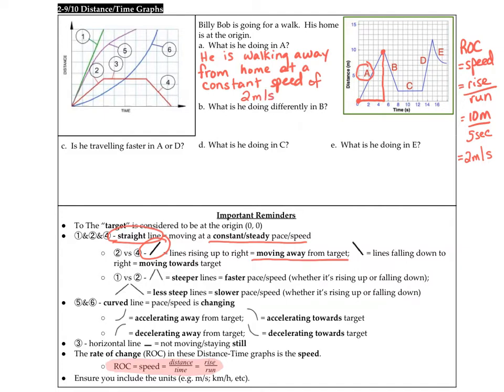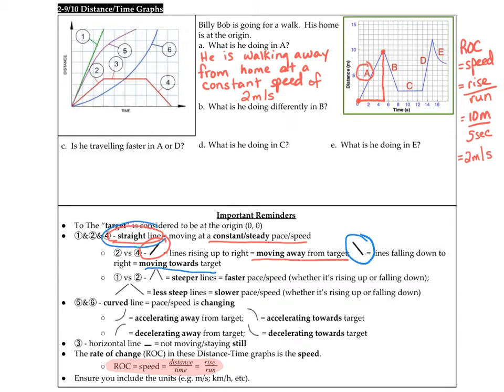In question B, it says, what is he doing differently in section B? So in A, he was moving away from home because it's a straight line and it's moving up. In B, the line is moving down. So when a line moves down, he's moving towards the target.